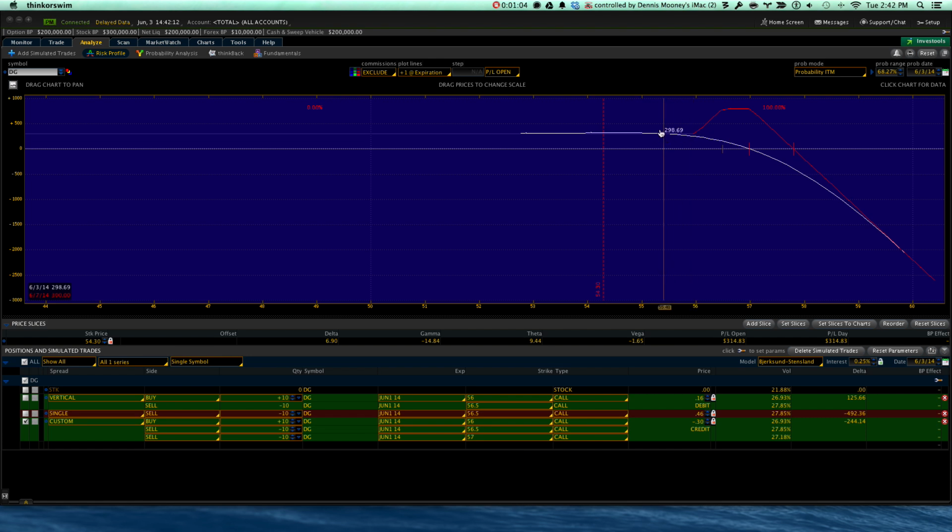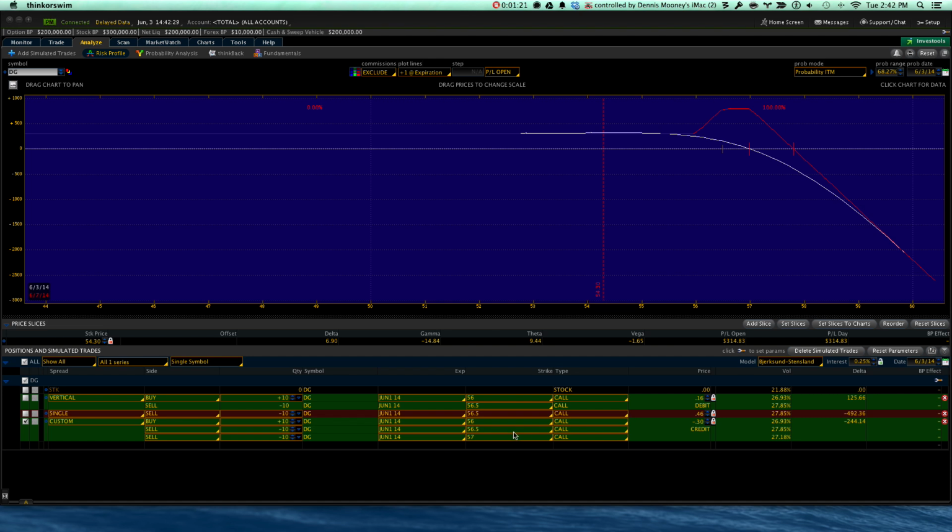This is a back ratio trade, and I'll call it a back ratio flat trade because it has a flat top where it's going to produce the maximum profit at expiration.